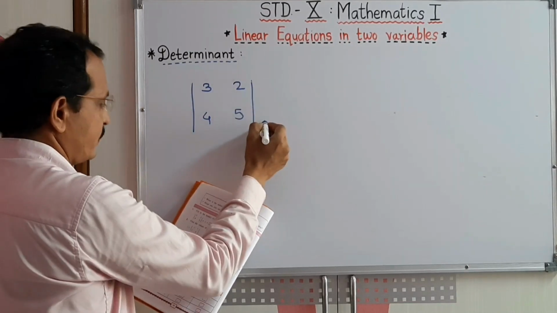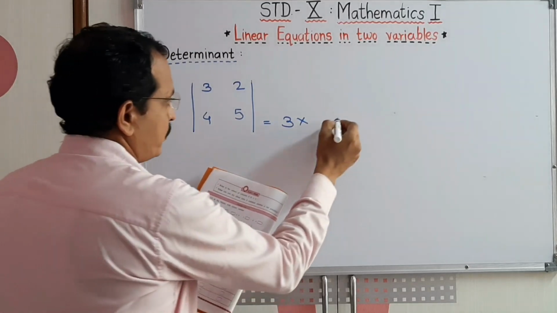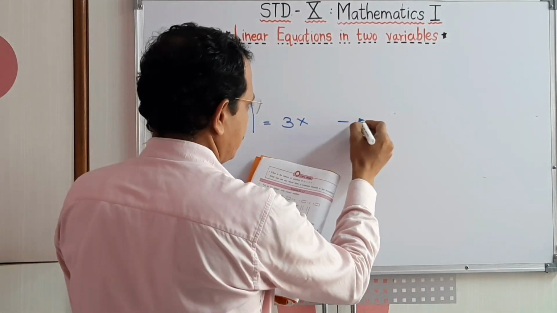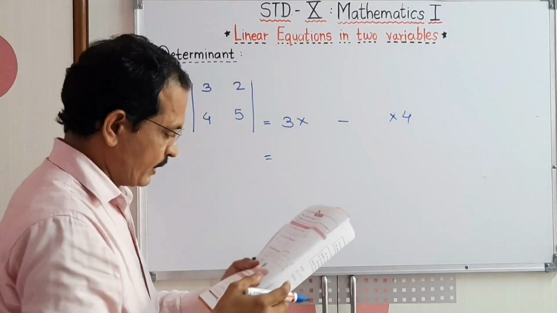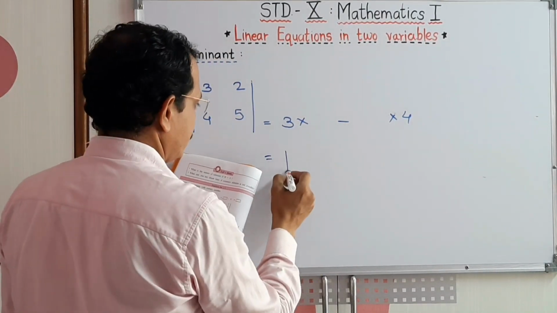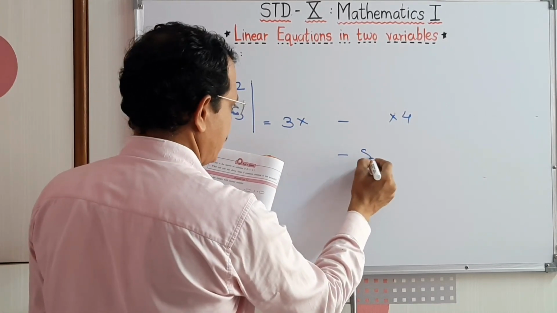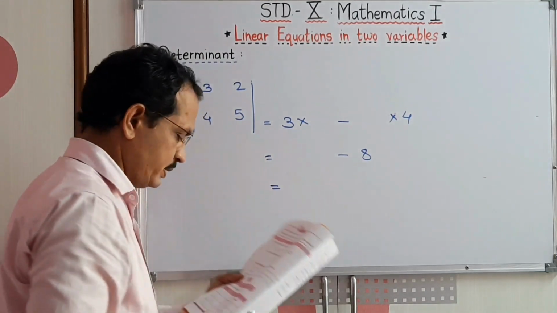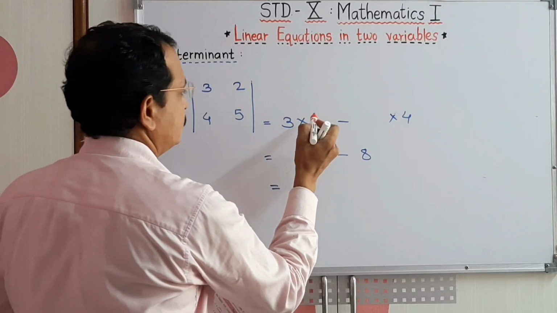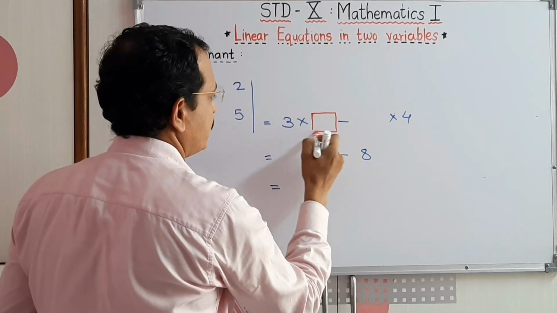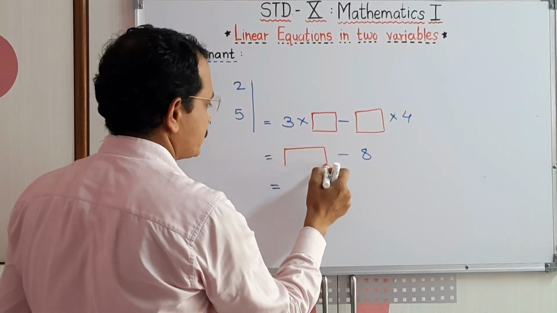Here 3 into, minus, then here into 4 is equal to, minus 8 is equal to. Here empty boxes are there and we have to fill them up with correct options.